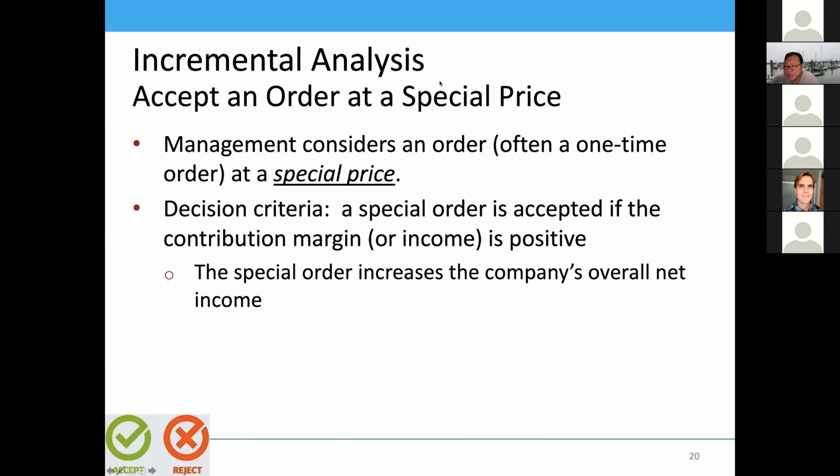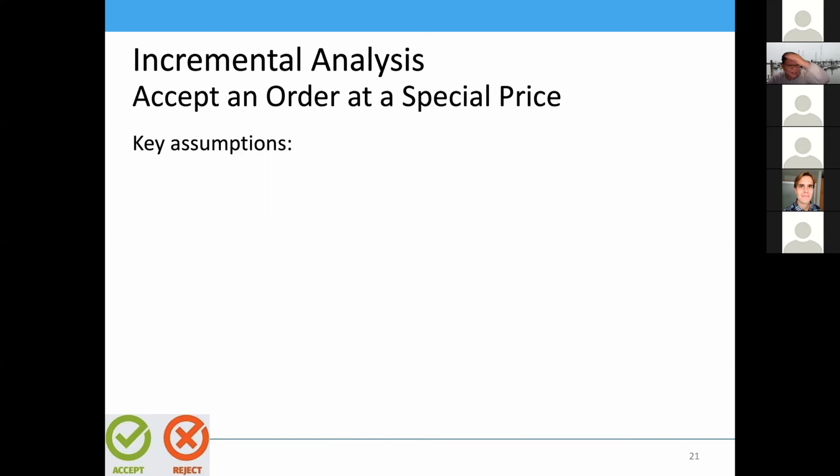If I make money out of it, I'm going to accept it. And of course, there is some non-financial information to be considered. Financially, the special offer should increase the company's overall net income. It sounds pretty easy and simple, but it's not that obvious. So let's take a look at some of the key assumptions.